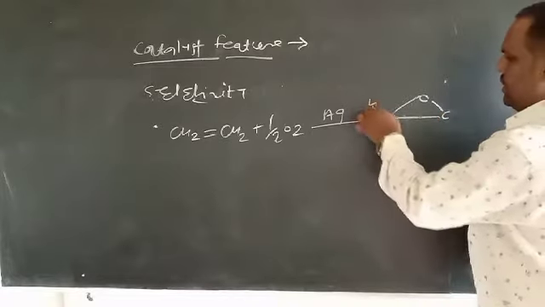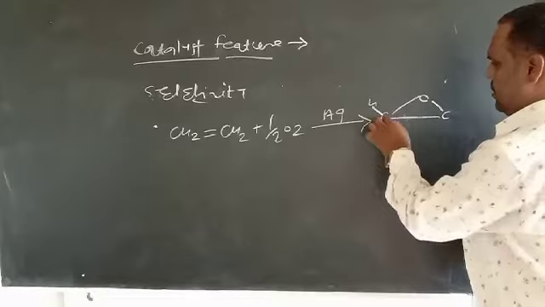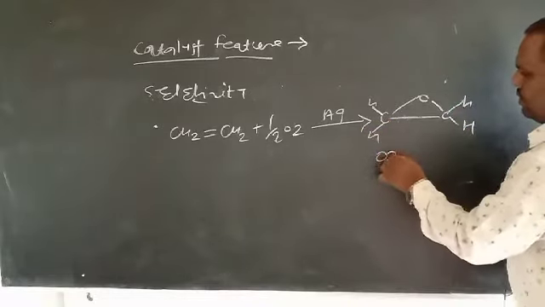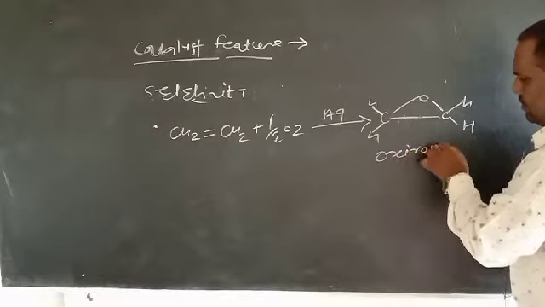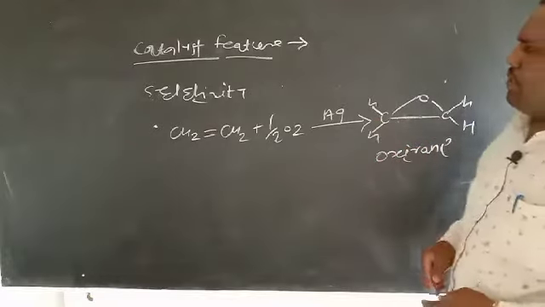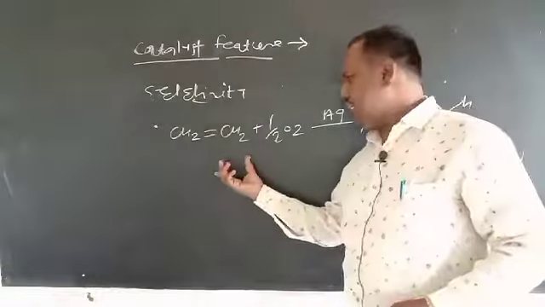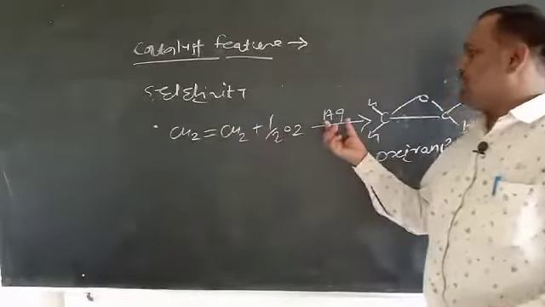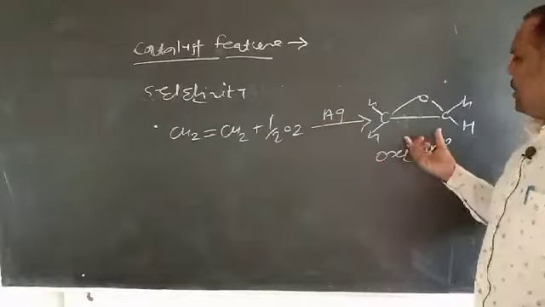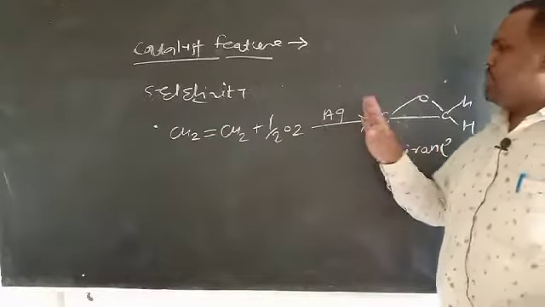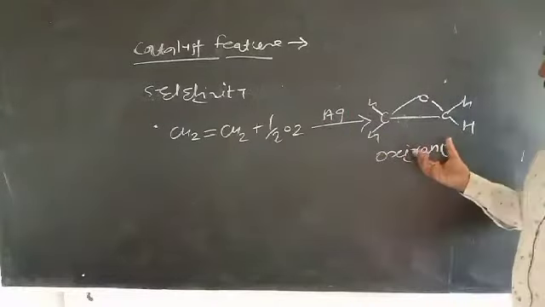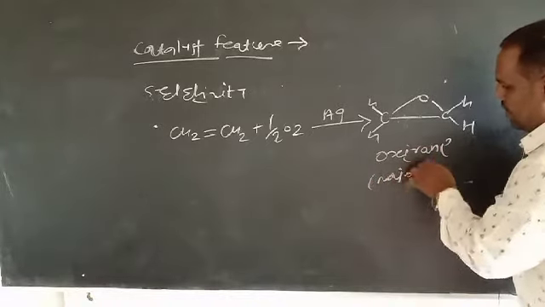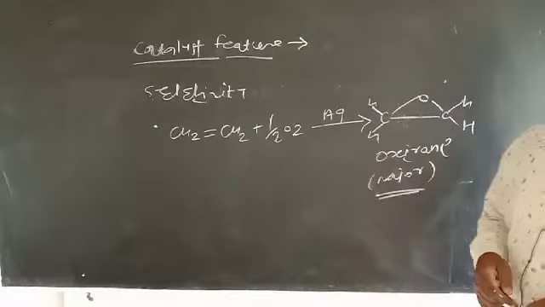Here we get oxirane. So the first example for selectivity is the oxidation of alkene. The alkene undergoes oxidation in the presence of silver as a catalyst and gives oxirane. So in the presence of silver we get oxirane as a major product, and water and CO2 are the byproducts.